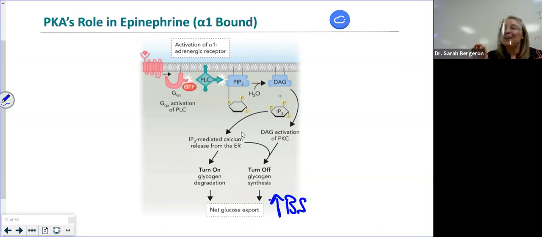So your brain's primary food source is glucose. The rest of your body can feed off of other food sources, but your brain primarily uses glucose. It's not only one, but primarily is glucose. So if you start starving your brain, you are going to have serious problems, right? You are going to go into a coma. You are going to die. So redundancy is a good thing. That's what I'm trying to say.